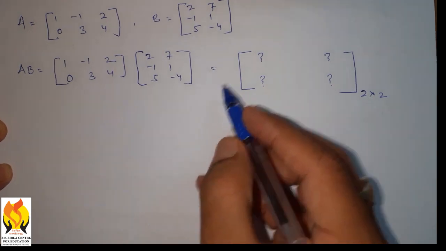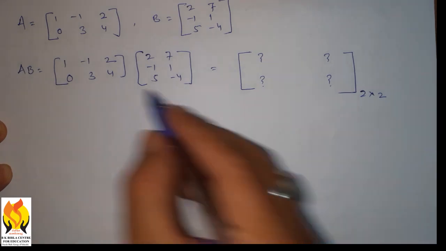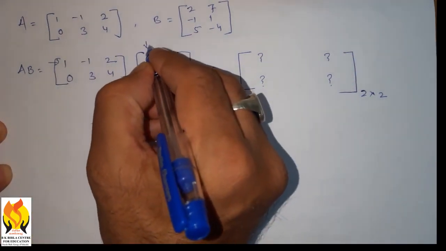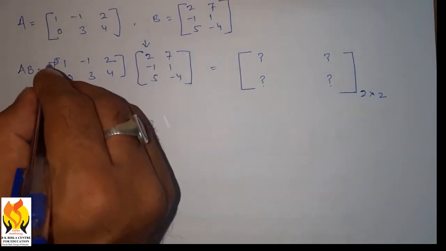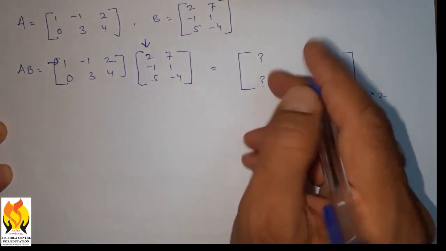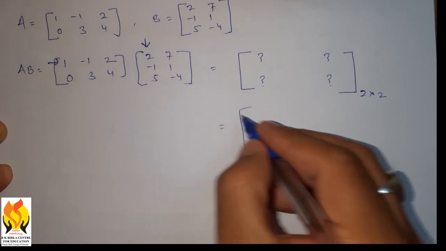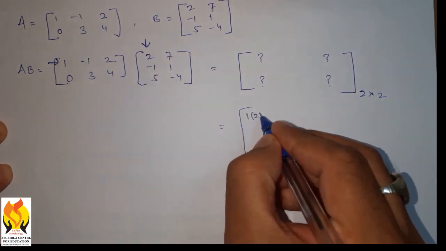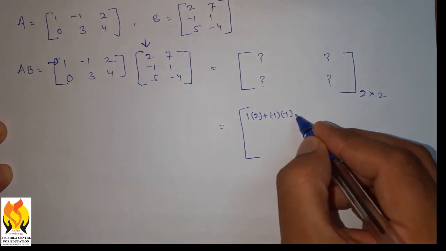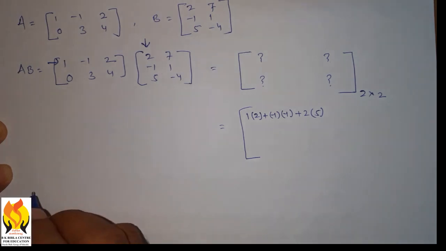To get the element at the place A11 in the resultant matrix, we multiply R1 with C1. If we multiply R1 with C1, we get the element at A11. So how do we get it? 1 into 2 plus minus 1 into minus 1 plus 2 into minus 5.